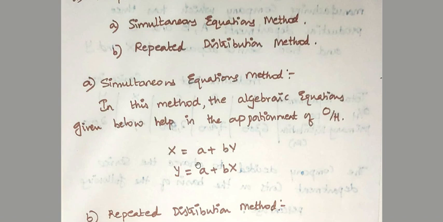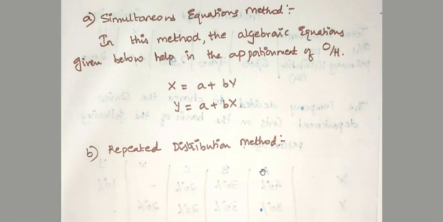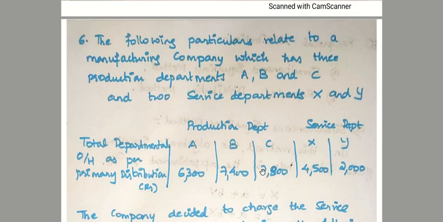So your small x is equal to a plus b capital Y, and your small y is equal to a plus b capital X. Based on these equations, we will be solving under the simultaneous equation method, and the repeated distribution method is your non-reciprocal basis.